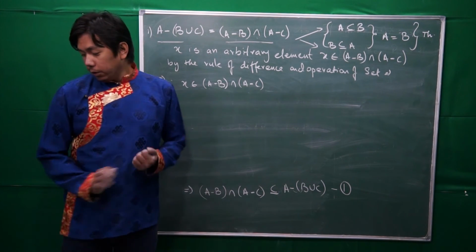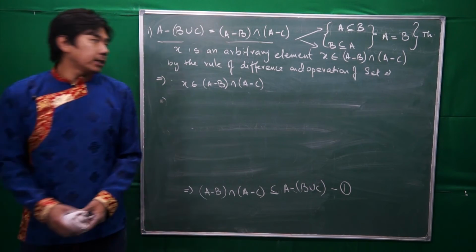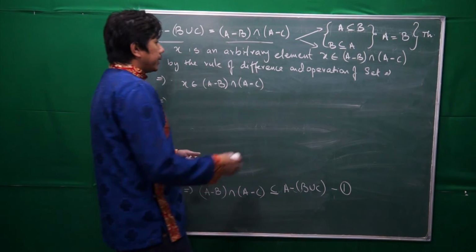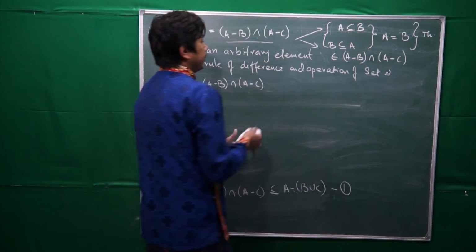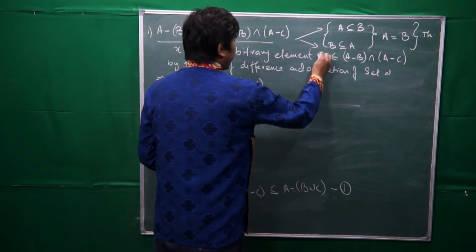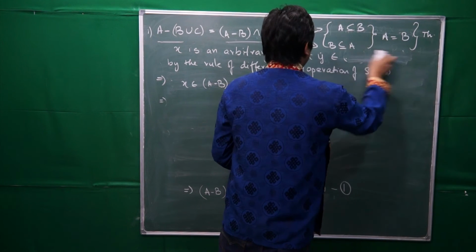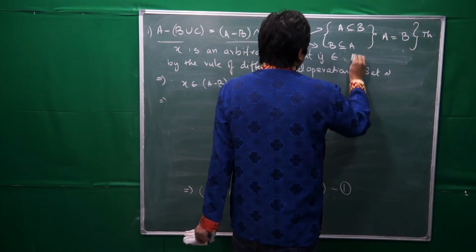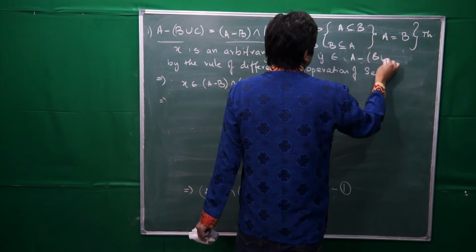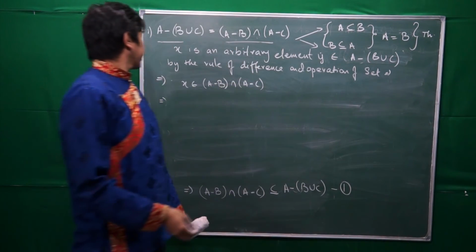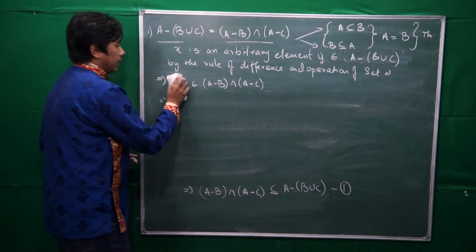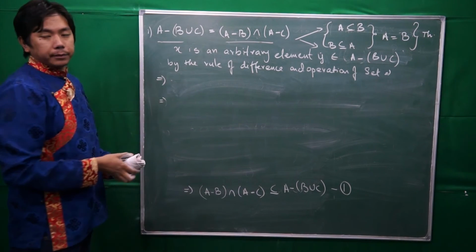To begin that, now instead of taking an arbitrary element X, I'll be taking an arbitrary element Y. And this Y would belong to A minus B union C. Simple.